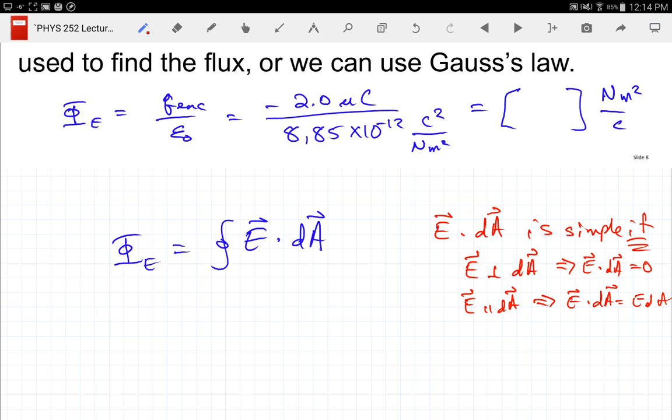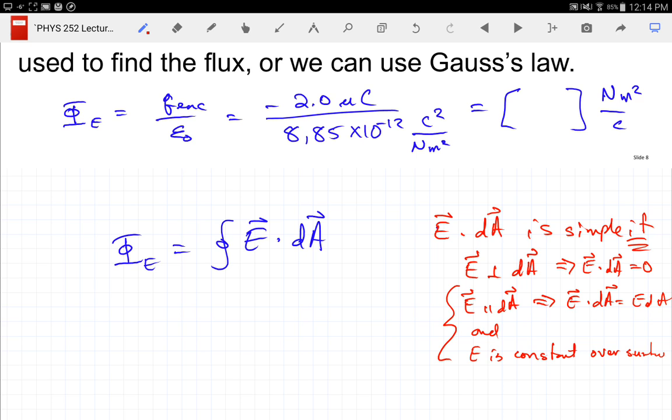So I'm going to look for conditions where the electric field is either parallel or perpendicular to the surface. Then I'm going to go one step further: I want E to be constant over the surface. Those are the situations I want.